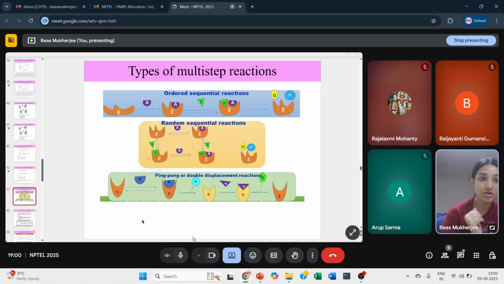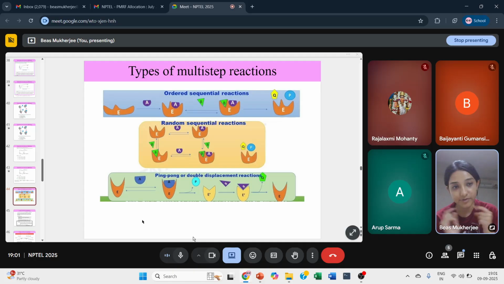So what is happening in ordered reactions? There is an enzyme, the substrate is binding, and another substrate is binding, and then both of these are converted into products and the products are released. That is ordered sequential. Next we have random sequential. To the enzyme, first this substrate can bind, or first this substrate can bind, and then both of them will be converted into products and released.